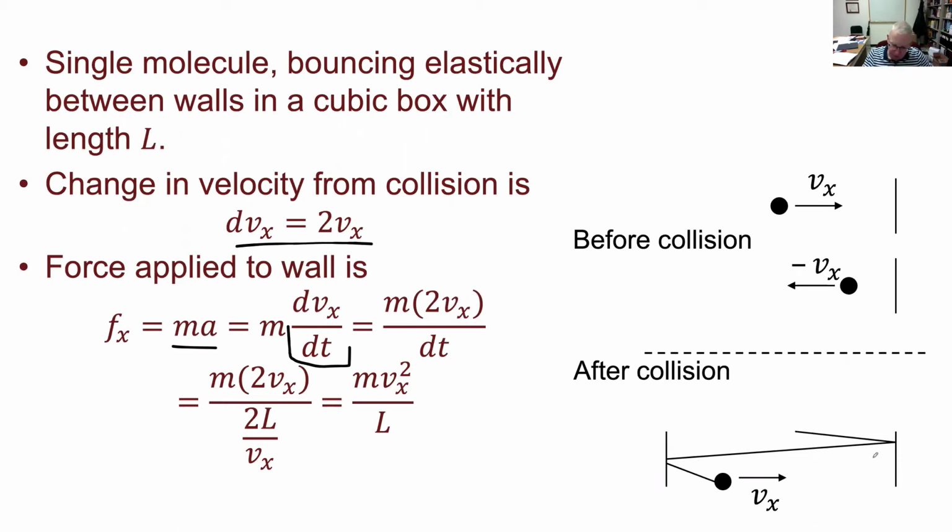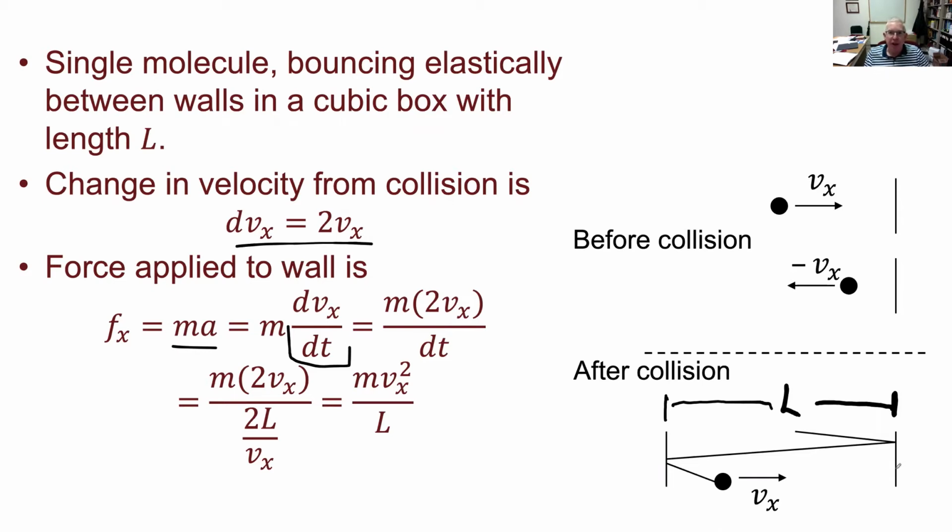Remembering that we have the box set up so that the length across here is L, then it's going to be true that the time between collisions with one of the walls is just going to be the time it takes the particle to go a distance of 2L, right? Because if it hits this wall here and goes this way, it goes L in that direction, then it has to go L back again the other way before it can hit the wall again.